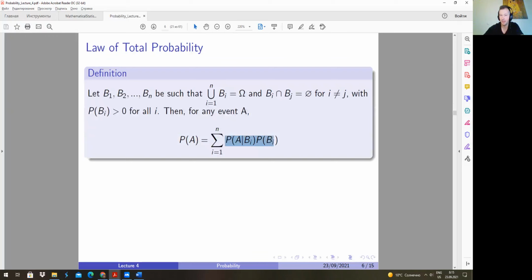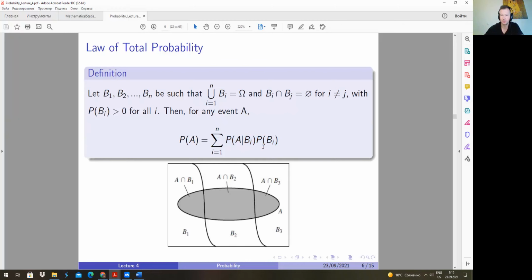This is the probability of the intersection A and Bi, for B1, B2, and B3. So this is the visual illustration of this law of total probability.